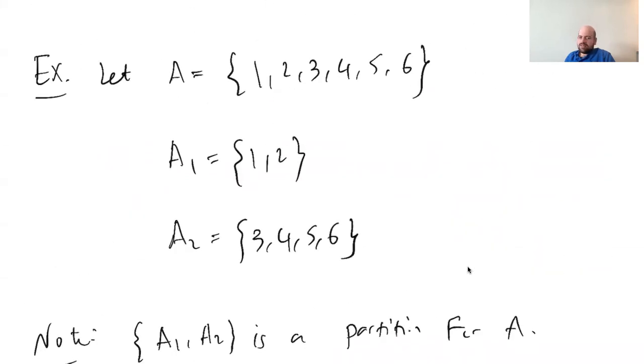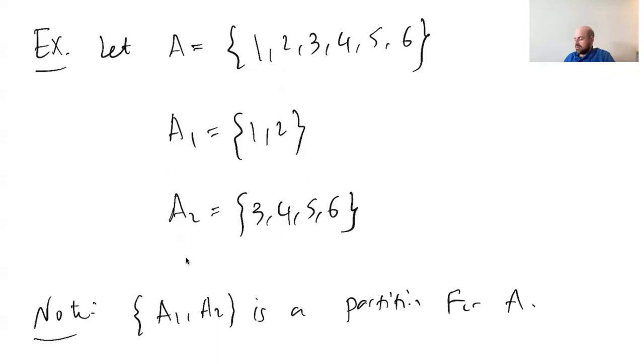But for example, look at 1 and 3. 1 and 3 are not in the same capital Ai, and therefore 1 and 3 is not in R. Or similarly, for example, 2 and 3. 2 and 3 are not in the same capital Ai. One of them is in capital A1, one in capital A2.